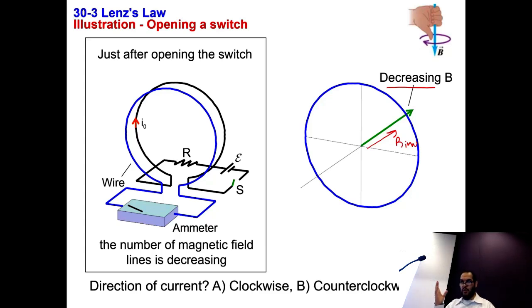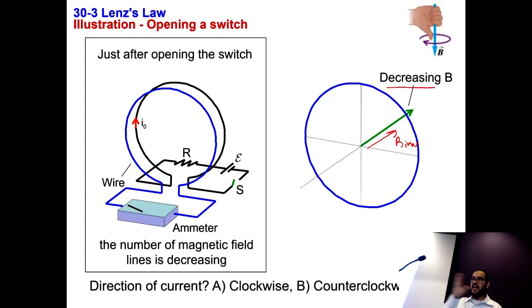So Lenz's law is not difficult to apply. You have to determine what is happening to the existing magnetic field, which direction, and is it increasing or decreasing? And you have to find that the induced magnetic field is opposing the change.